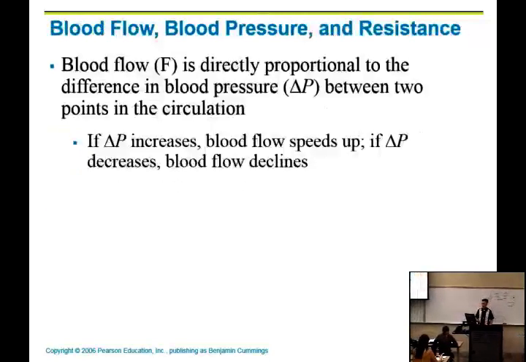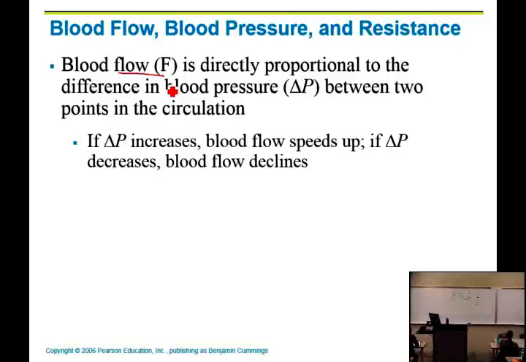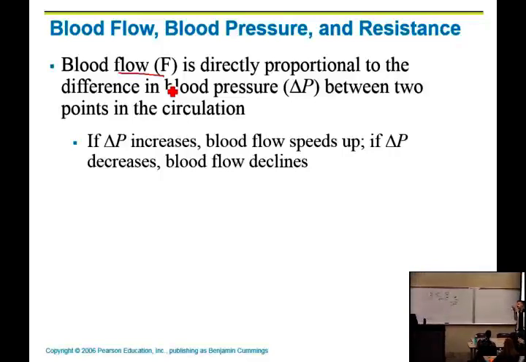Okay, so what we find is that in terms of this blood flow, it's going to be flowing from wherever it's high to wherever it's low. It's a bit like diffusion or osmosis or something like that. So for instance, when we are coming right out of the heart, we have the highest amount of blood pressure right there. Downstream, like a river or something like that, it's much lower pressure down there.